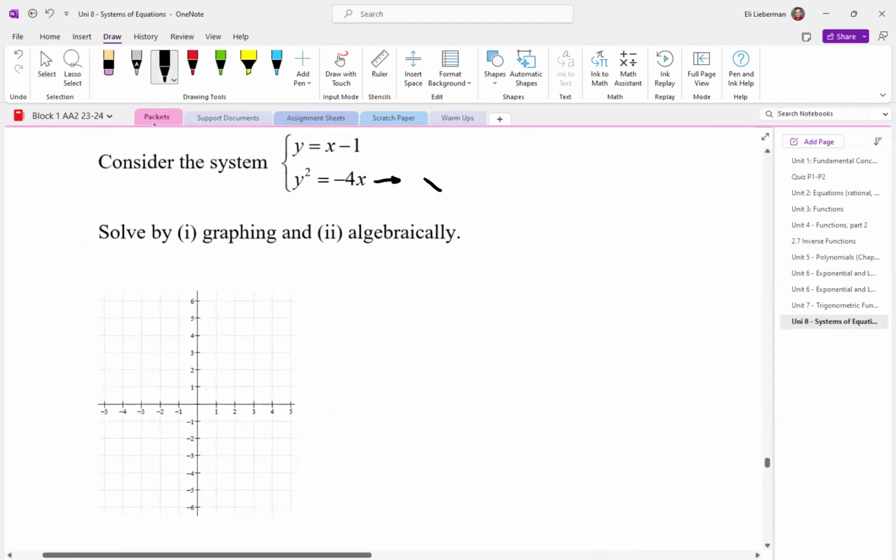Here we write the second one as x equals -1/4 y squared.